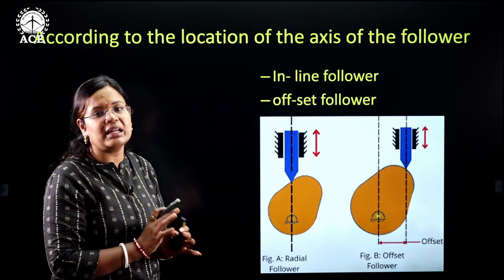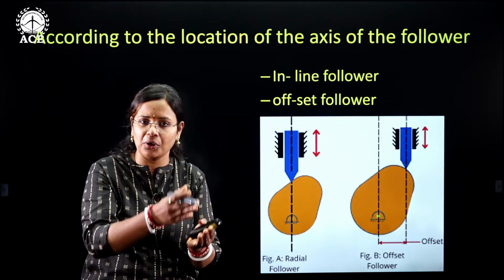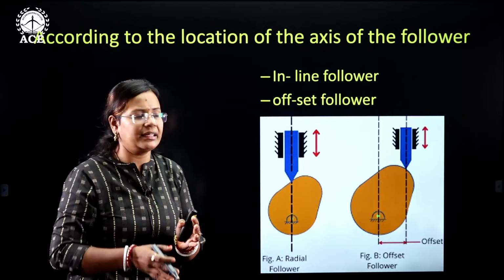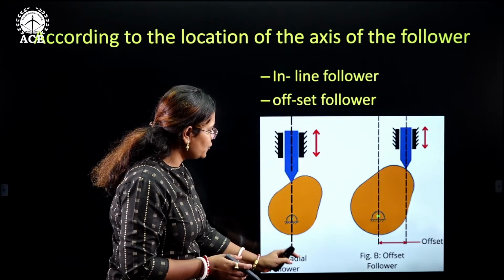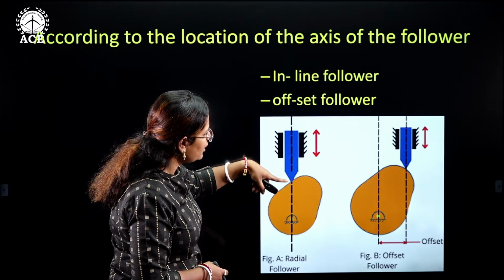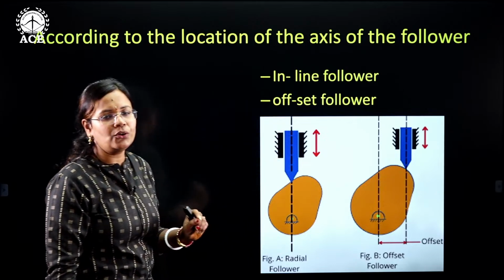What do you mean by inline follower? An inline follower is one where the axis of the follower and the axis of the cam are lying on the same line. So you can see in this figure that you have the axis of the follower and the axis of the cam on the same line. So this is an inline kind of follower.